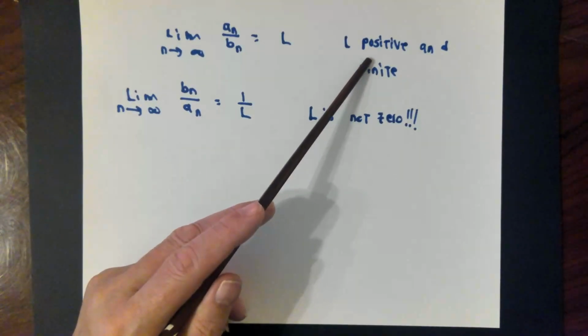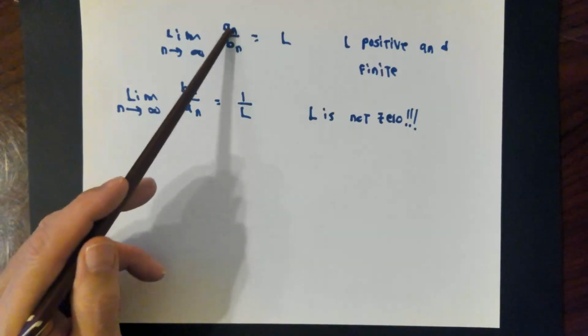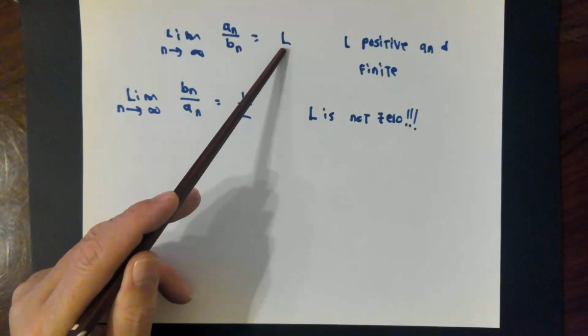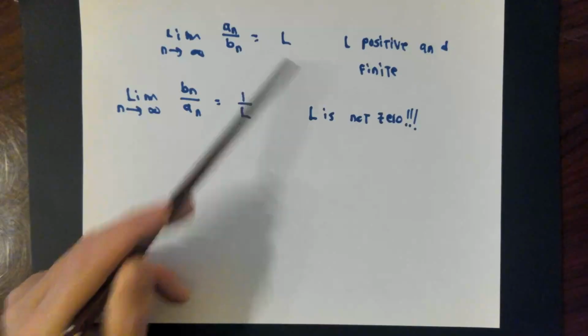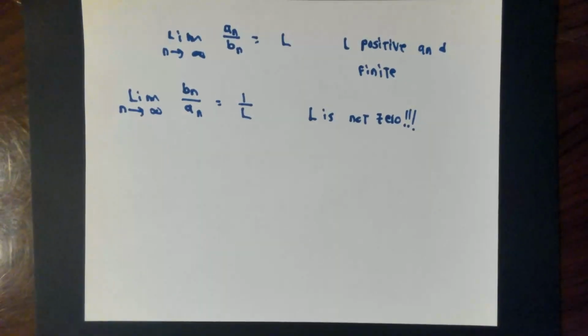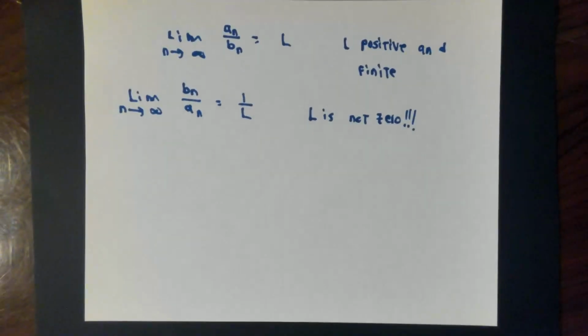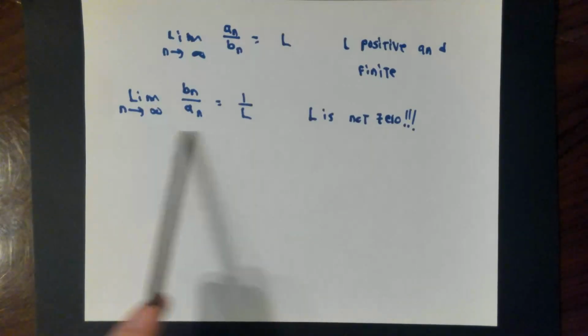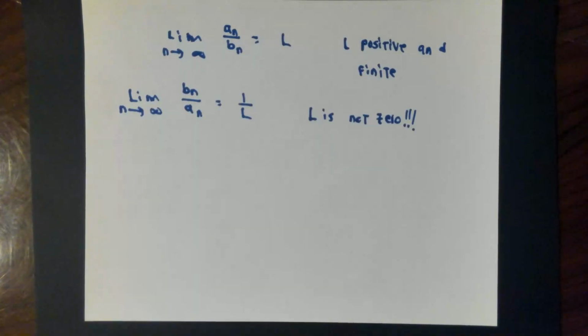Informally, that means when the index little n is very big, a_n over b_n must look a lot like L. Of course, you can turn that around backwards. b_n over a_n would have to start looking a lot like 1 over L. So this is where I need the L to not be 0.